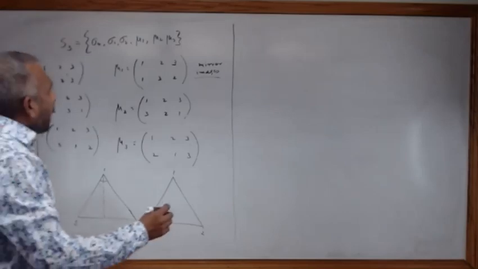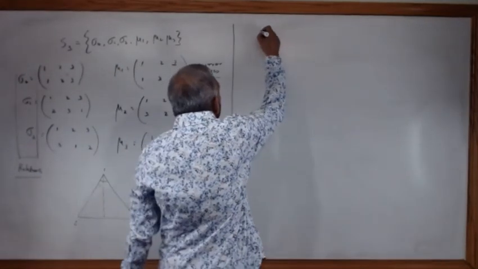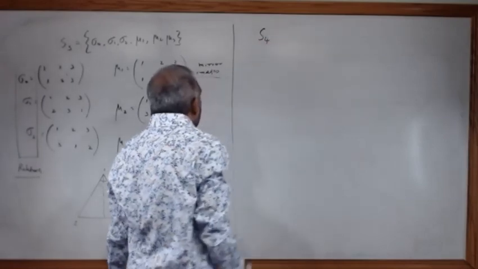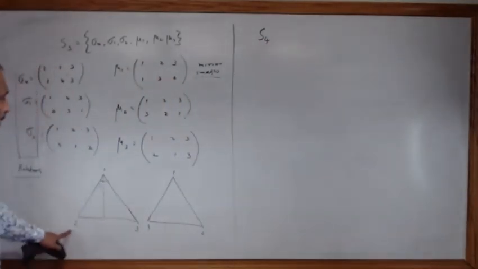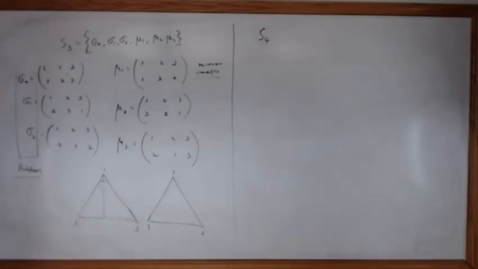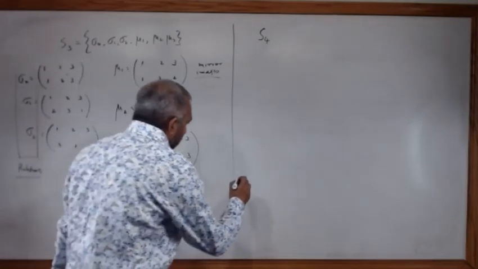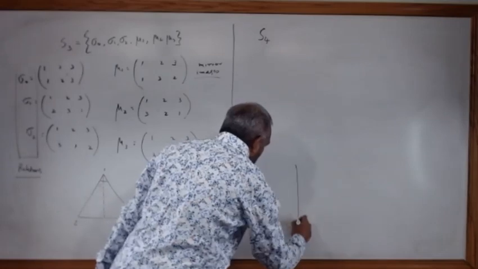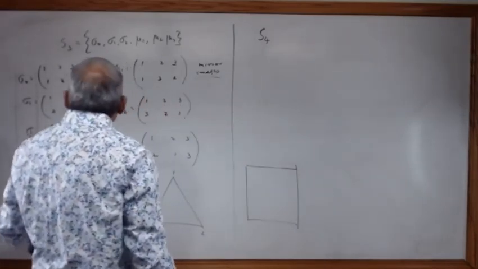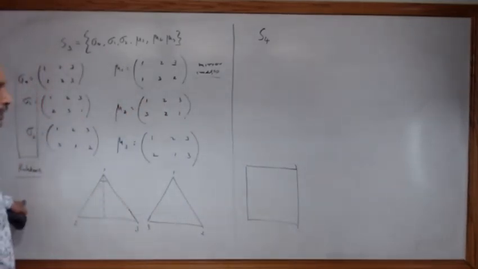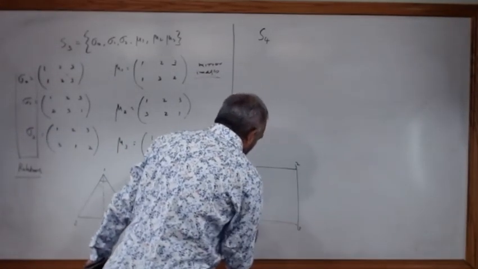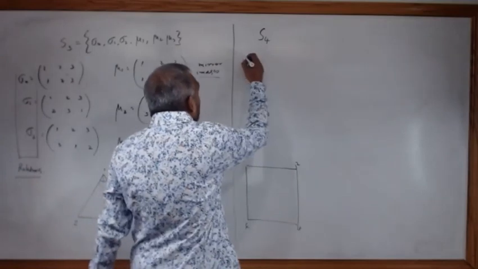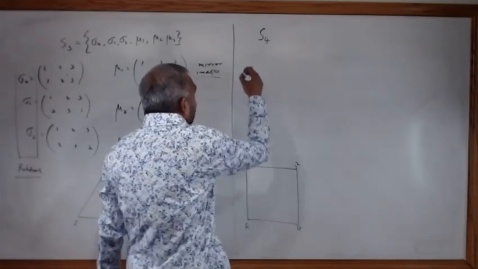But when you take S4, not S3, now we are talking about a polygon of 4 vertices. But the rotation is going to be the same. So you'll have 4 rotations.